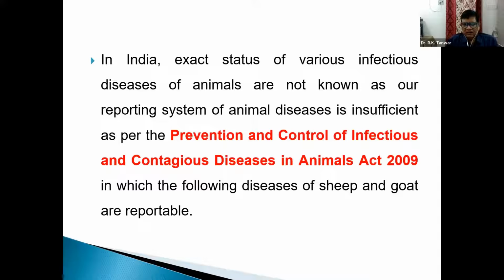In India, the exact status of various infectious diseases of animals is not known, as our reporting system of animal diseases is inadequate, or you can say the reporting system is so poor that we don't know. But the Government of India introduced an act in 2009, the prevention and control of infectious and contagious diseases in animals, in which the following diseases of sheep and goat are reported.